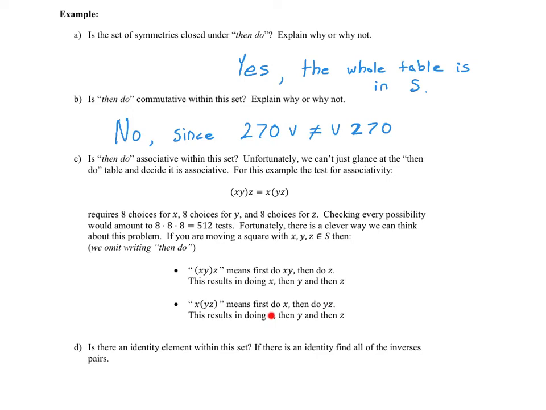So if we first do x, that's fine, and then we do yz, and the yz results in doing the y and then the z. So in either case, you do x, you do y, and then you do z. And we can argue in this way that it is indeed associative. So the operation of then do is always associative. We get that order operation in a sense for free without a fancy proof, by just understanding what it is.